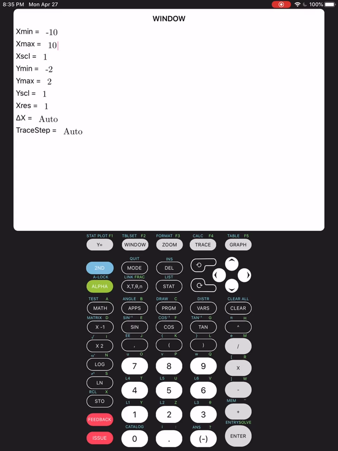Now, when you think of your unit circle, okay, what would be one period? So one cycle of the graph would be 2 pi. One cycle of the unit circle is 2 pi, so one cycle of our graph is 2 pi. So we're going to make our x min -2 pi and our x max positive 2 pi. In this way, we should be able to see 2 cycles of our graph.